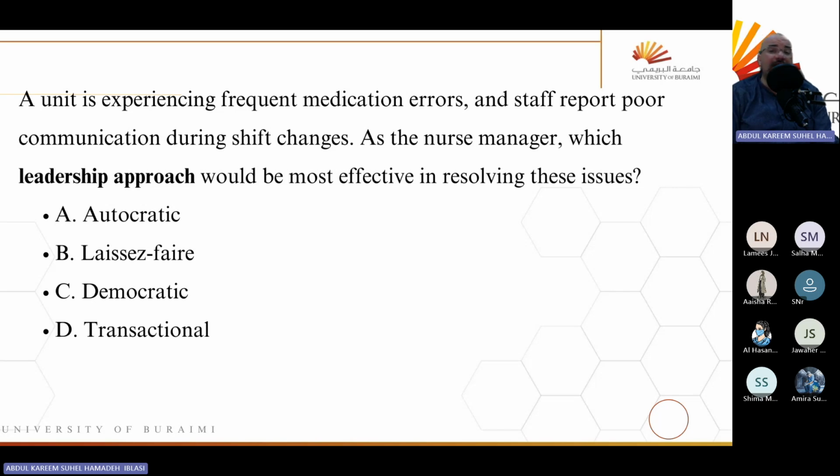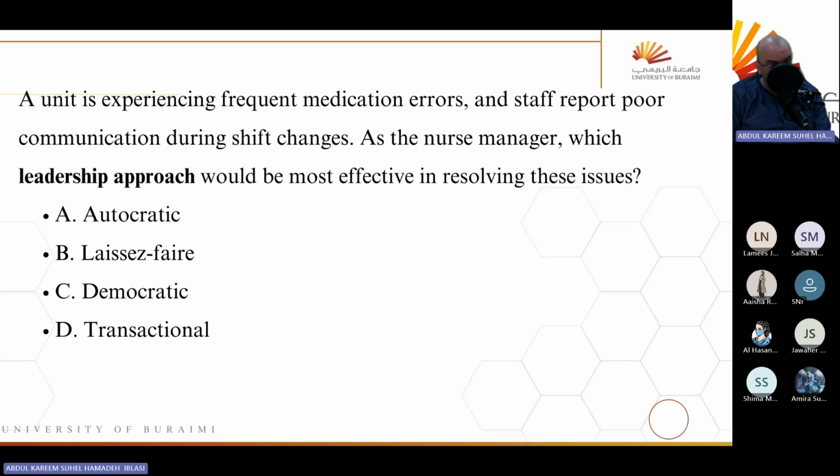طيب, as the nurse manager, which leadership approach should be most effective in resolving these issues? Leadership style أو leadership approaches هي واحدة من أوائل المحاضرات في مادة leadership. إذا في نفس السؤال قدرنا نعمل connection ما بين كل مواضيع الإدارة في نفس الكورس، وأنا أعطينا على leadership approach. طيب نرجع نحل السؤال. Experiencing frequent medication error مشكلة.